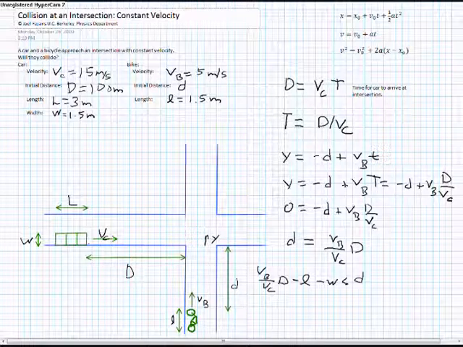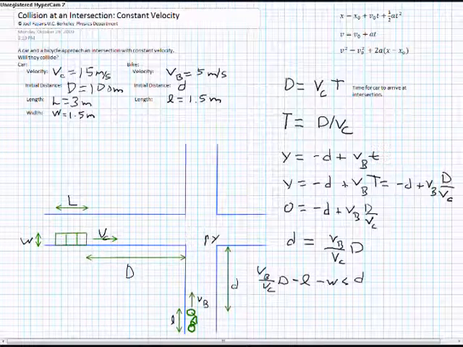In other words, we calculated when the front bumper arrives at the curb. The front bumper was a distance d away. What we need to calculate is when the rear bumper clears the intersection, and how far away the bicycle would have to be so that the bicycle arrives at the intersection when the rear bumper is just clearing the intersection.